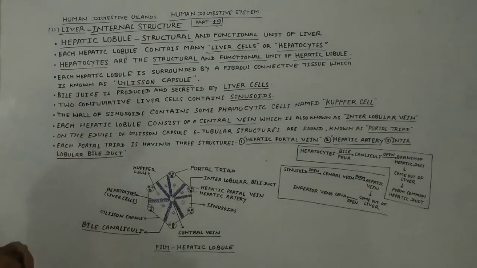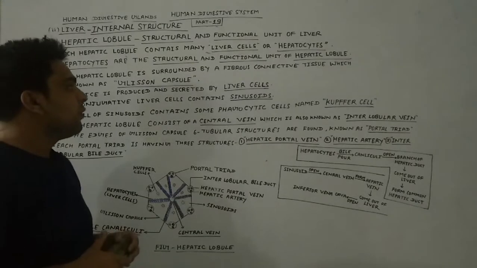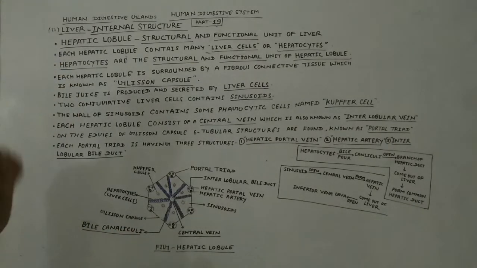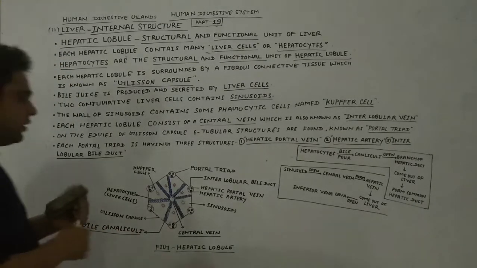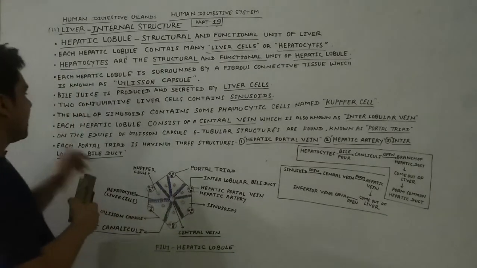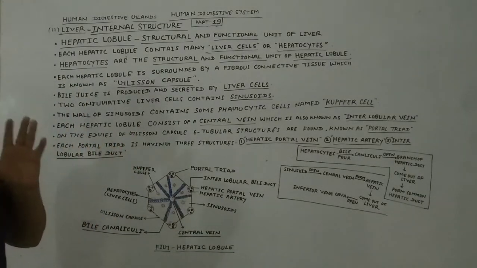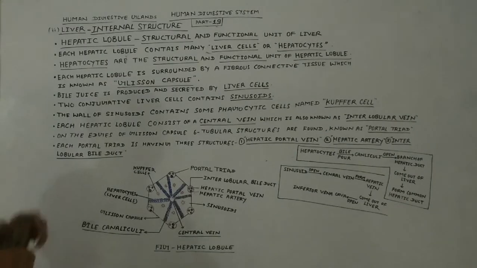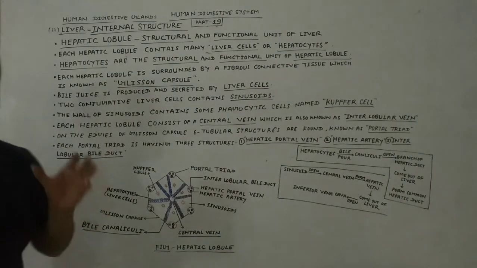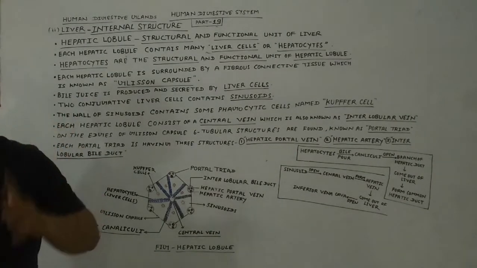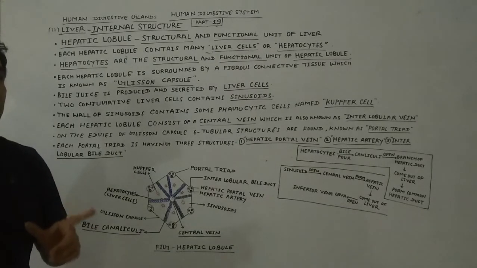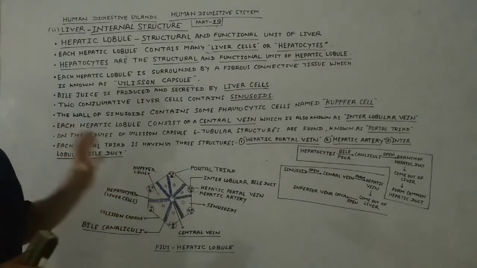Each hepatic lobule consists of a central vein, which is also known as the interlobular vein. You know, students, that each adult liver contains approximately 1 million hepatic lobules.